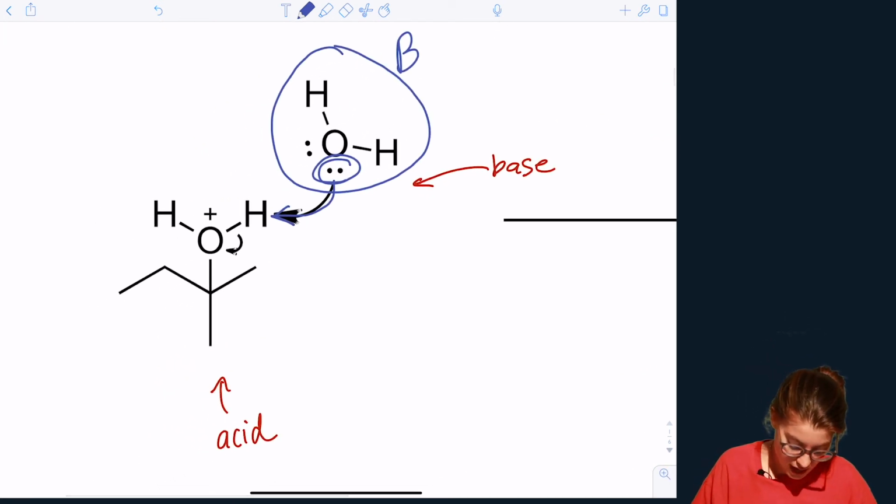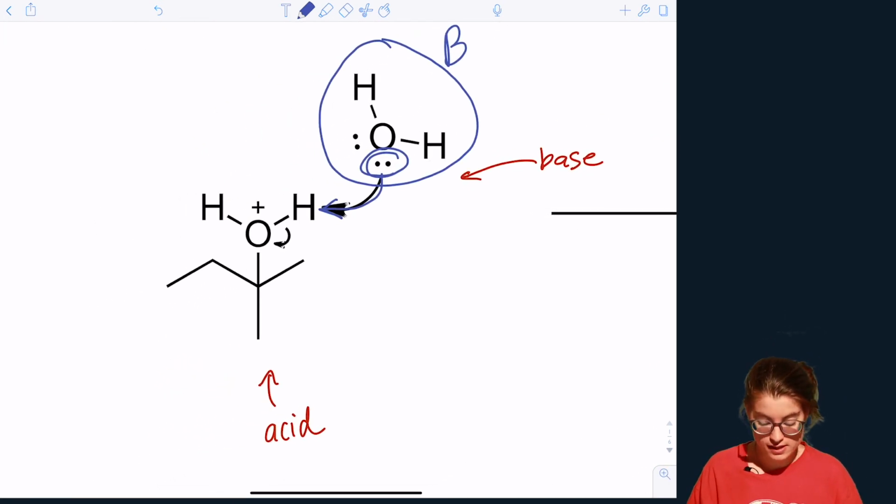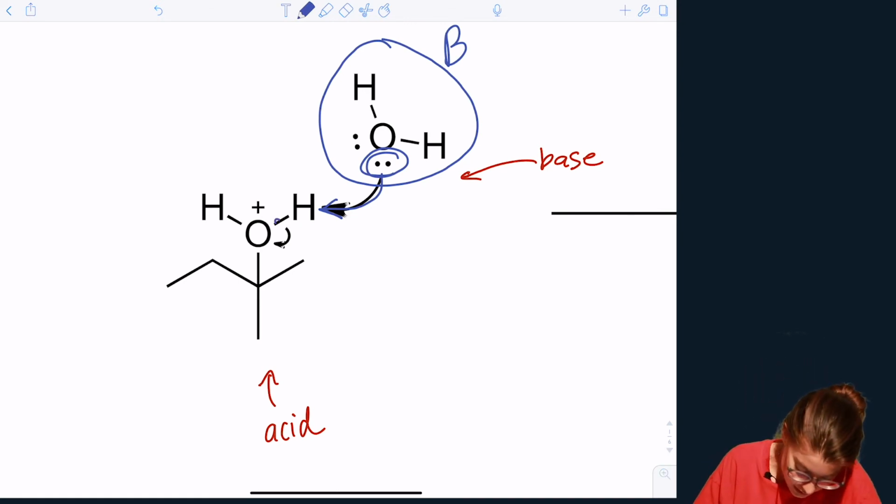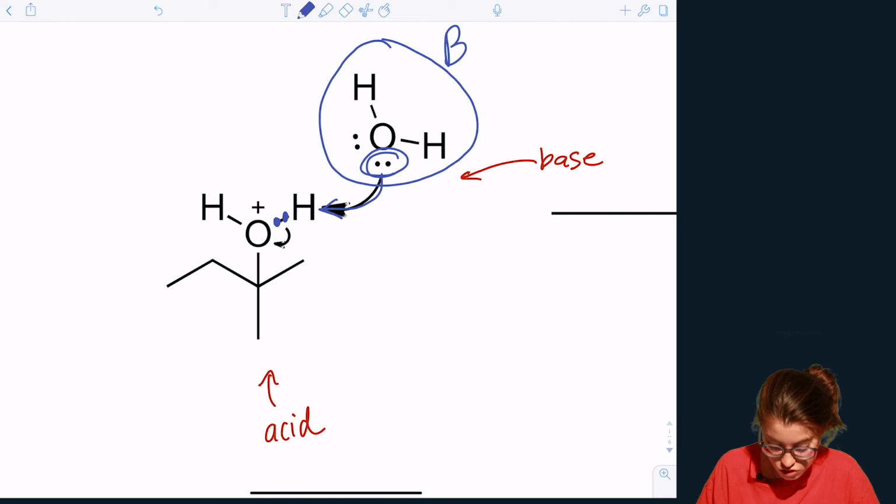Now let's look at this acid here. Earlier we said this was an acid because it donated its proton, but let me not look at the proton, let's look at the electrons in this bond here. Notice that the oxygen right now is bonded to a hydrogen, so it's sharing those electrons. But when the water molecule grabs the proton, where do these electrons go?